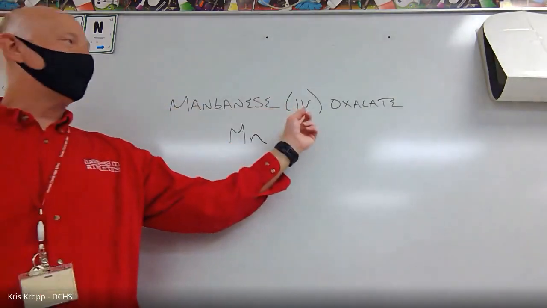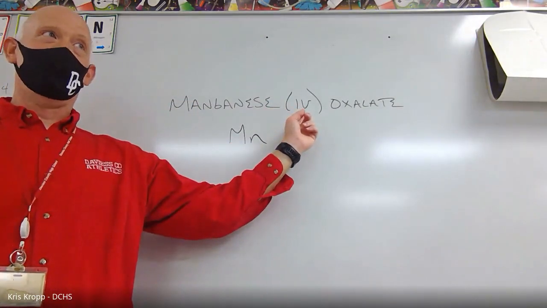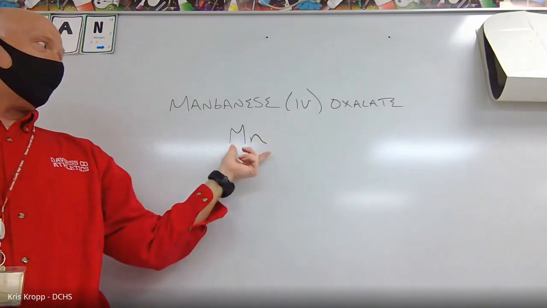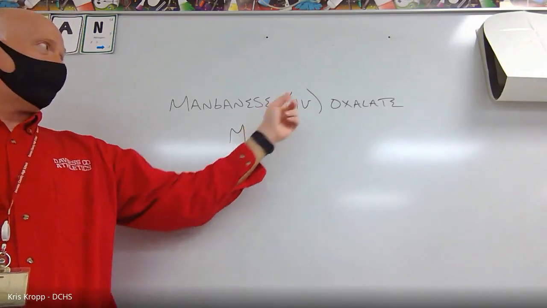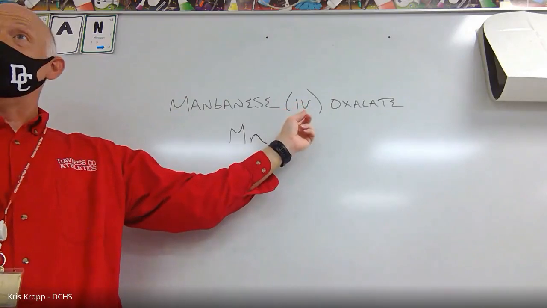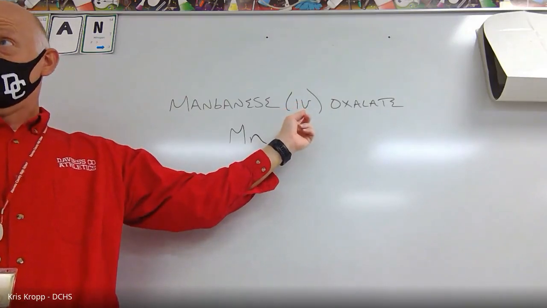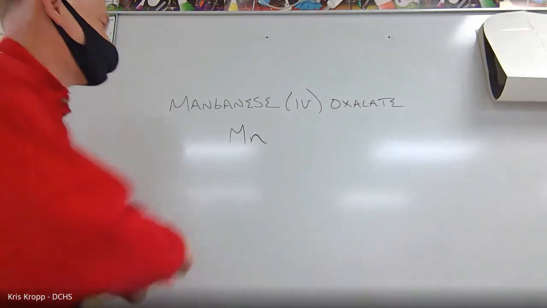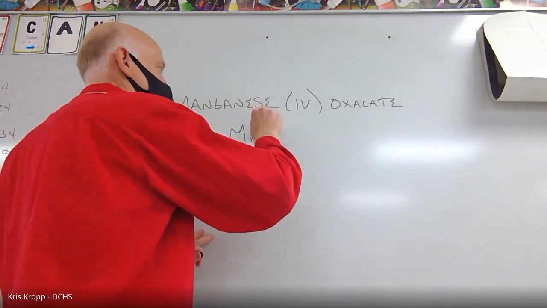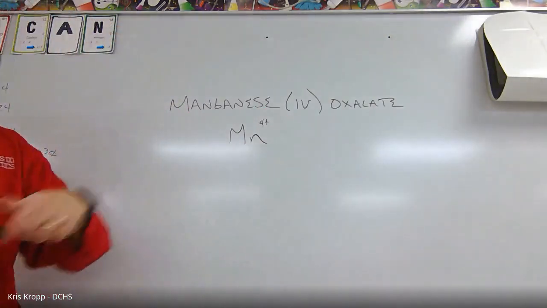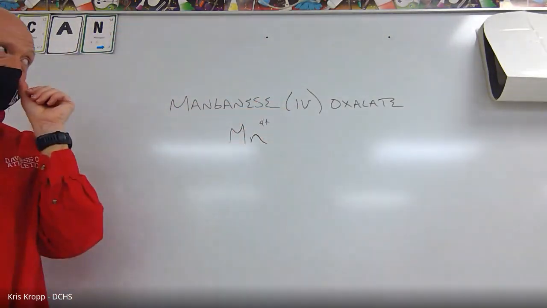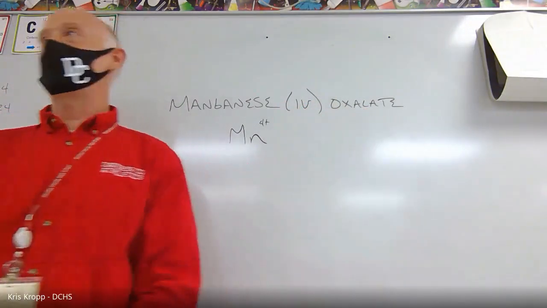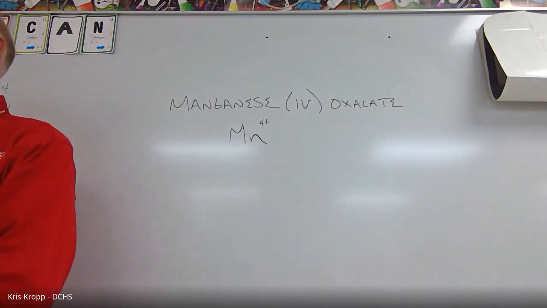That's right. That's the number in the parentheses. Our Roman numeral tells us the charge. All you got to do is look on the periodic table for the symbol with the transition metal. The charge is right here, okay? You'll get used to it, but you better start soon or you'll have lots more struggles than you need to have, okay? So the charge is right there. It's the Roman numeral. Charge of manganese is +4. All right. We need to write down oxalate. Where do I know to look?